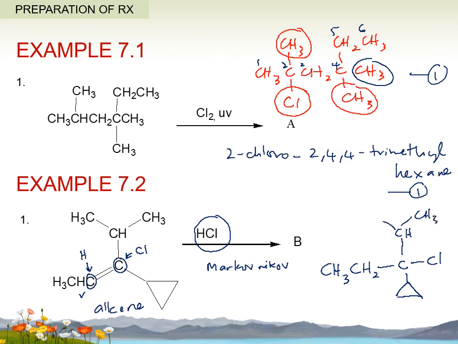Do you want to name this compound? Yes? Okay. So let's number the carbons first. 1, 2, 3, 4, 5. It is a pentane. And then let's circle the substituents. 1, 2, 3.